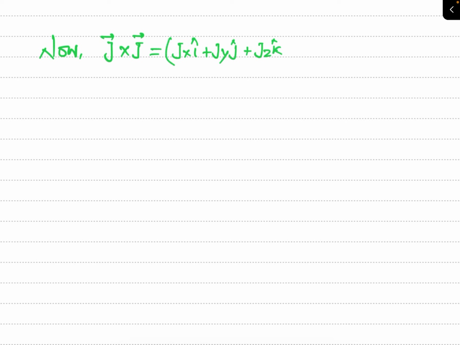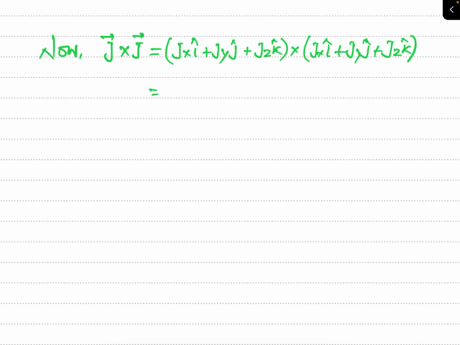These i, j and k are the unit vectors in the Cartesian coordinate system.